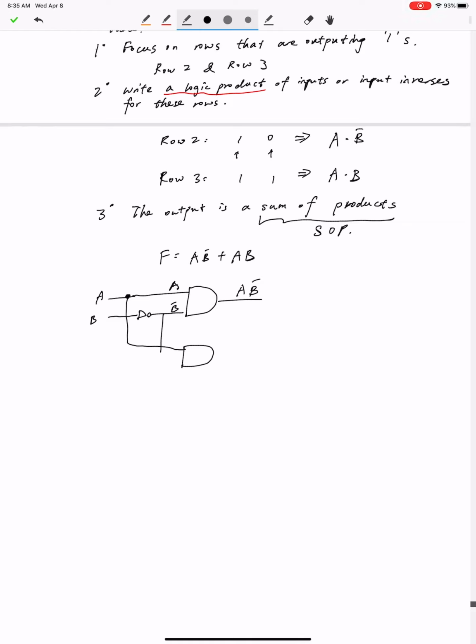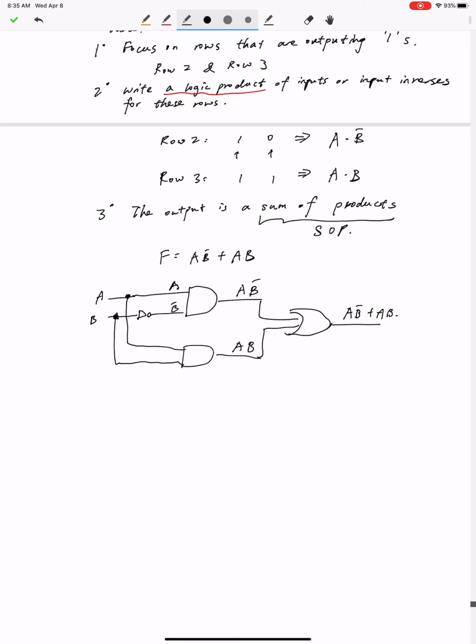We also need B bar, and also connect these two lines together, right? And then, I'm sorry, I made a mistake. For the second term, we just need B, right? Because the output is A times B. And then we just need to sum them together, and the result is AB bar plus AB, right?